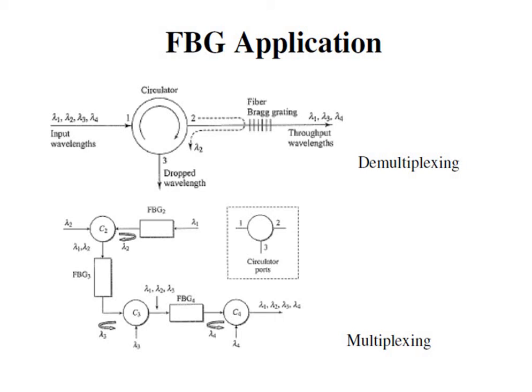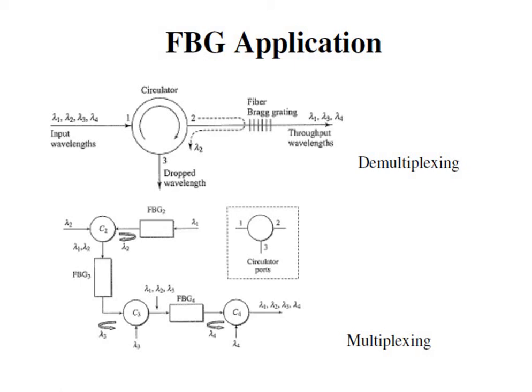So for n wavelengths we need n minus 1 FBGs and n minus 1 circulators. This figure shows the multiplexing function of the four wavelengths, lambda 1, lambda 2, lambda 3 and lambda 4, using 3 FBGs and 3 circulators.